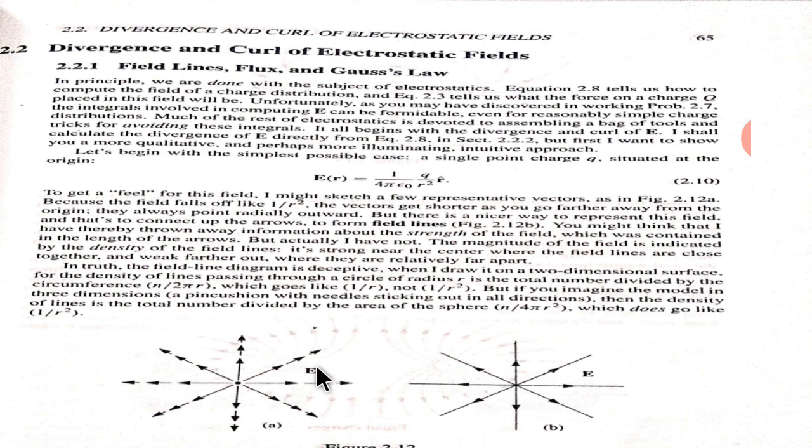These are the field lines and the arrow is set up. This arrowhead gives information about the direction of the field, as shown in the figure. Now if this direction is outward, then this is a positive charge, and if this direction is towards the center, then it is a negative charge.